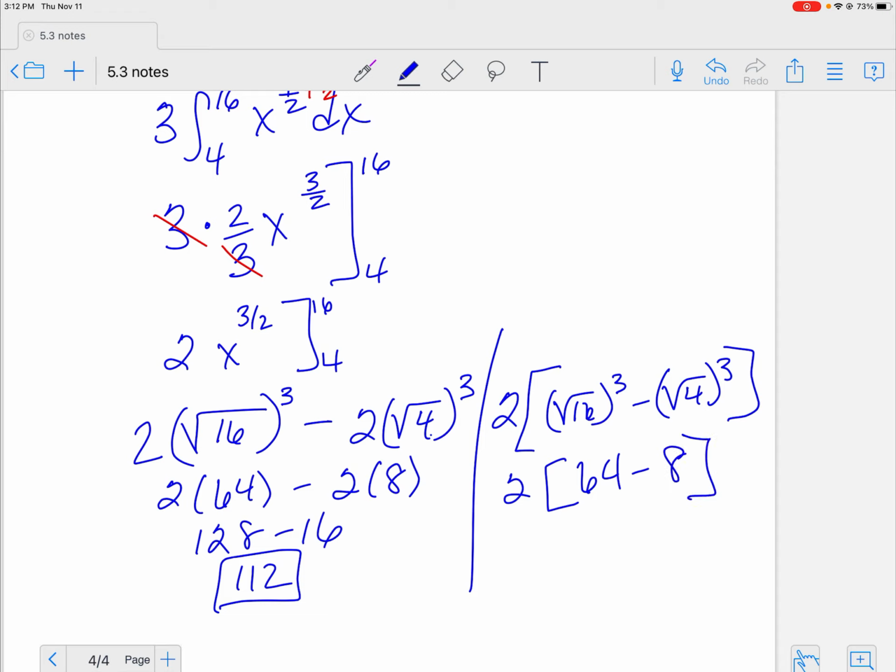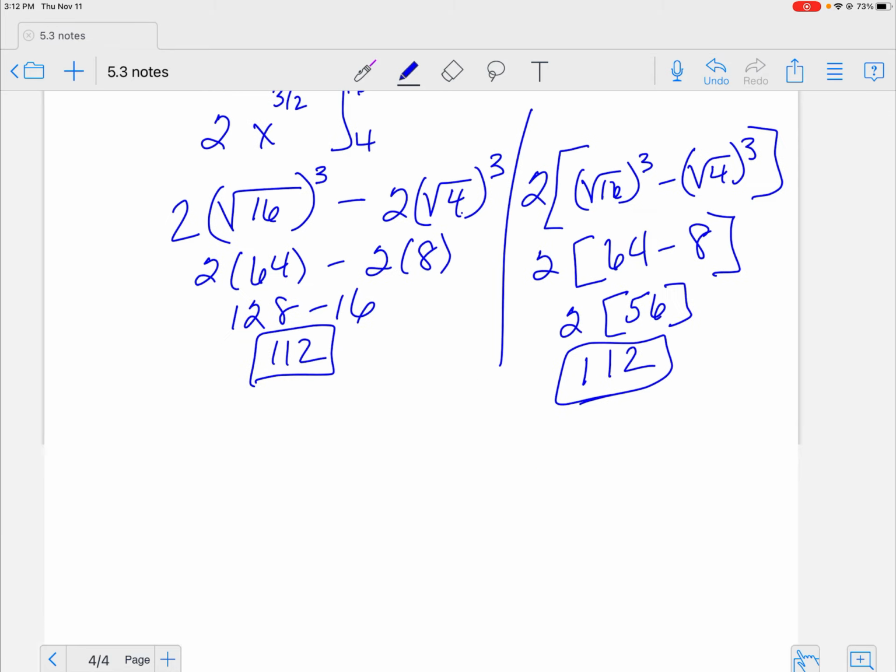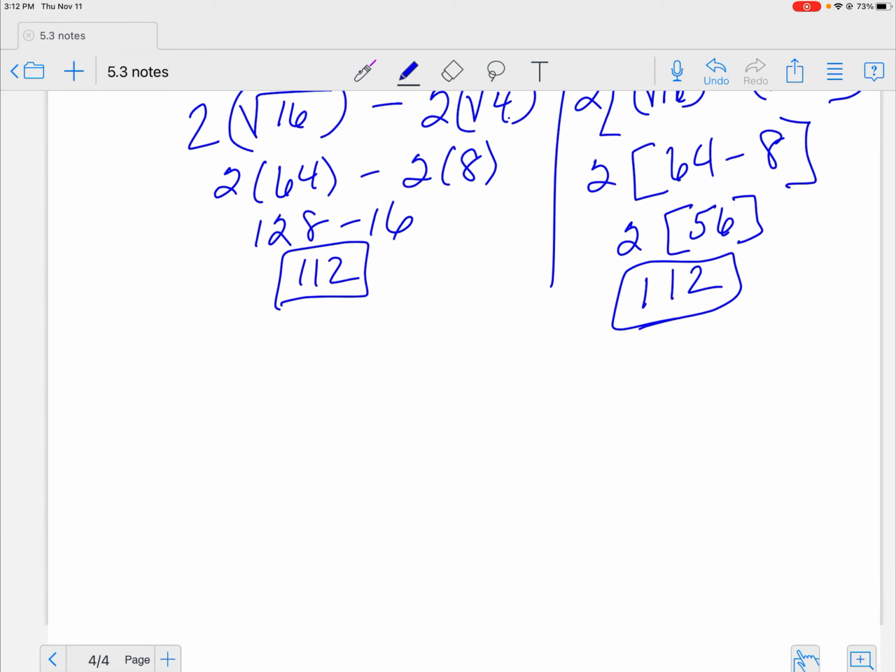Minus 2 cubed, which is 8. So it's 2 times, what's that? 56. And then I've got 112 again still. All right. Either way, it doesn't matter. Sometimes I pull the 2 out and leave it out. Sometimes I just multiply it in there. It really kind of just depends on the problem. And do both ways.